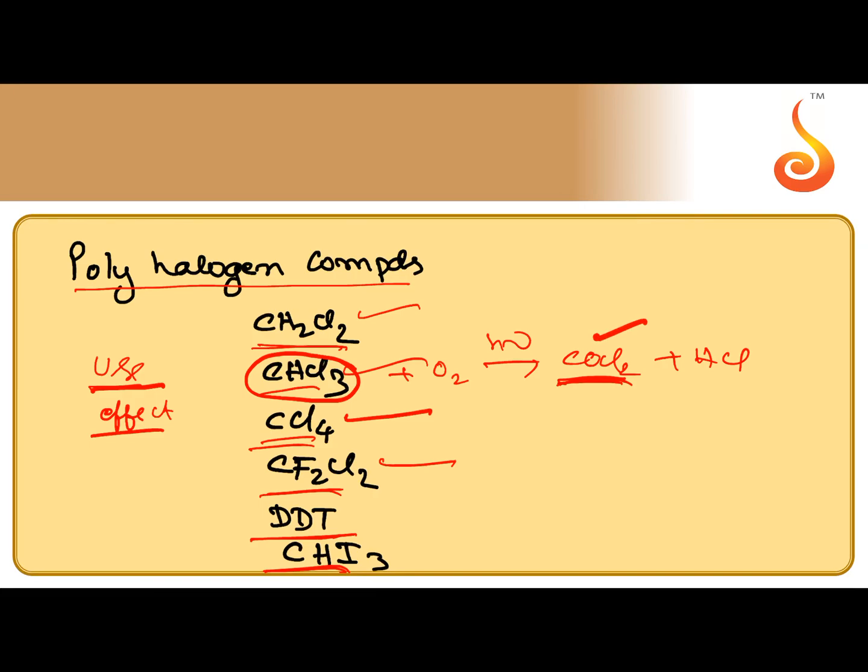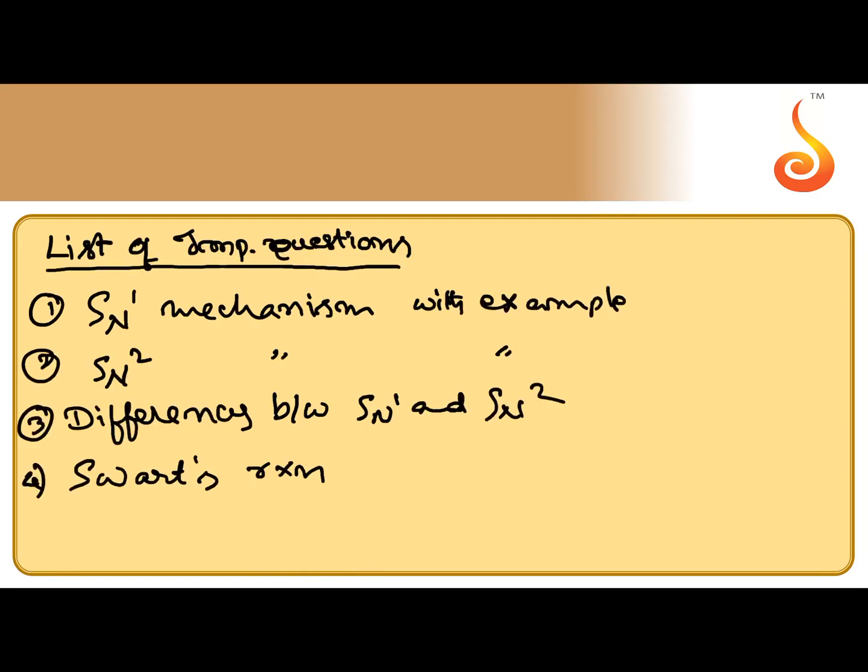If phosgene is formed in the chloroform, it should not be used as an anesthetic agent. So before using it as an anesthetic agent, we must test the purity of chloroform with silver nitrate solution. For these compounds, learn at least one use and one adverse effect, and better learn the DDT structure and IUPAC name also.